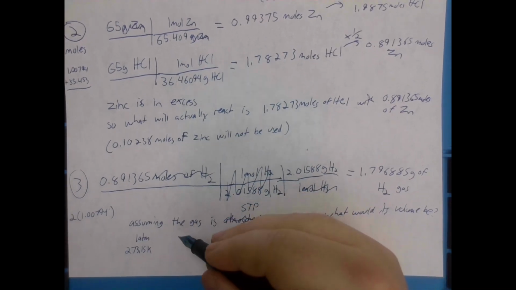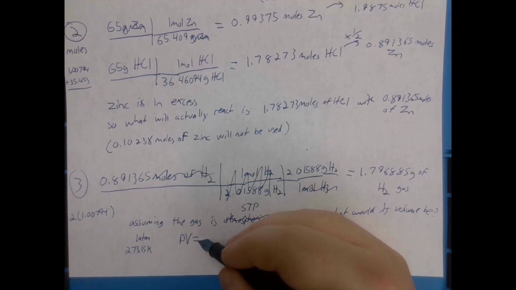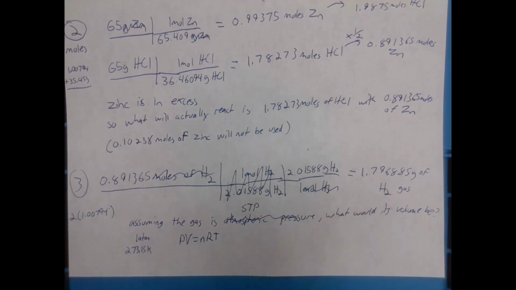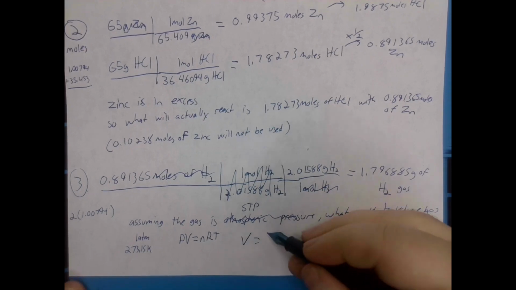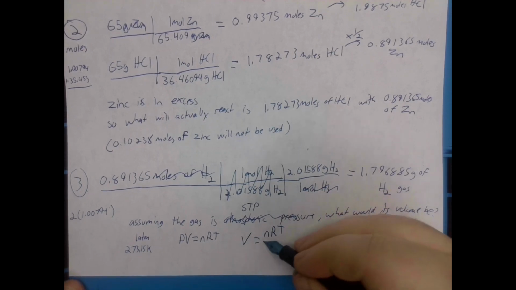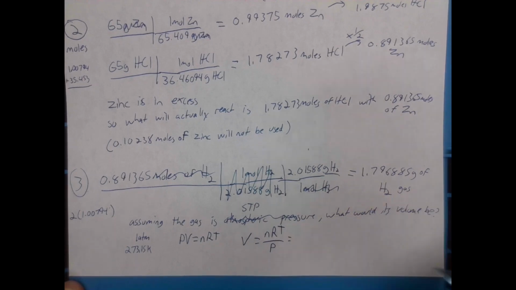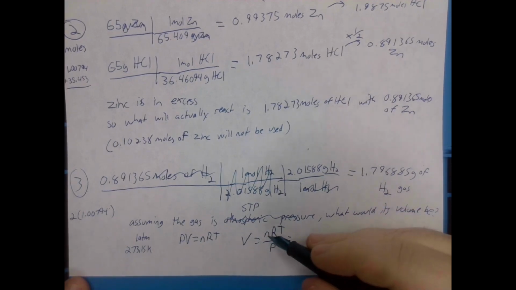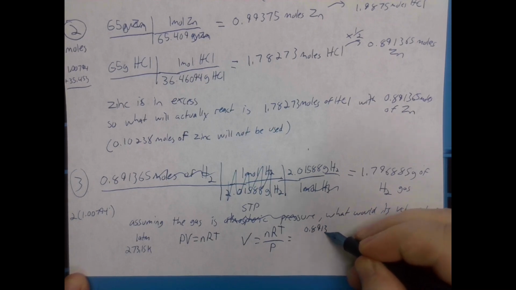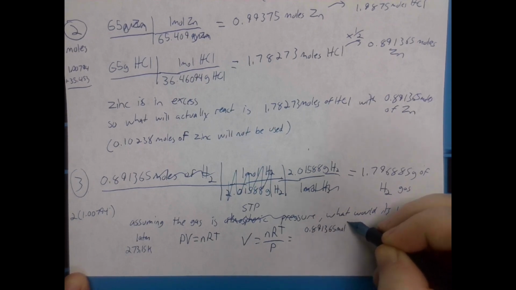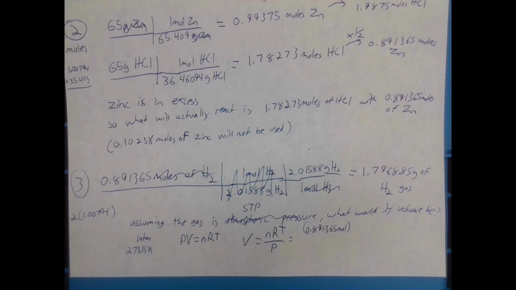So pressure times volume is equal to nRT. Solving for volume, volume is equal to nRT divided by P. Number of moles is 0.891365 moles. And I've already forgotten the gas constant.